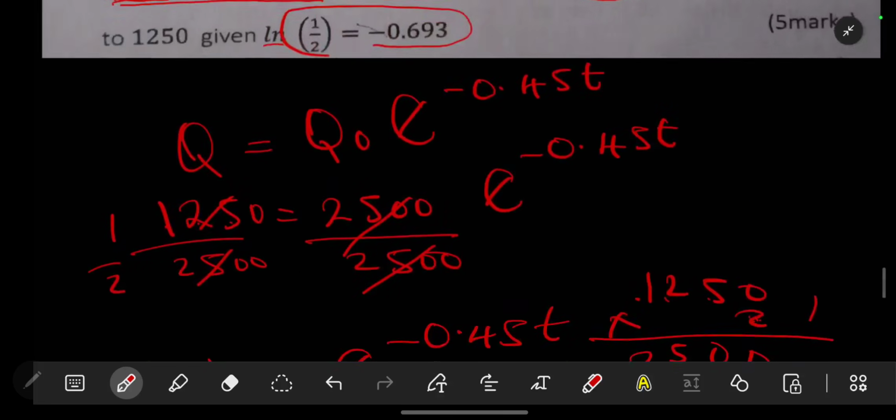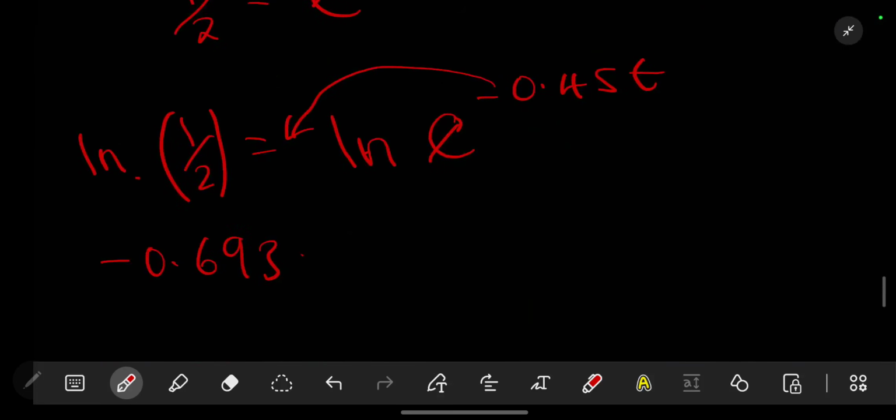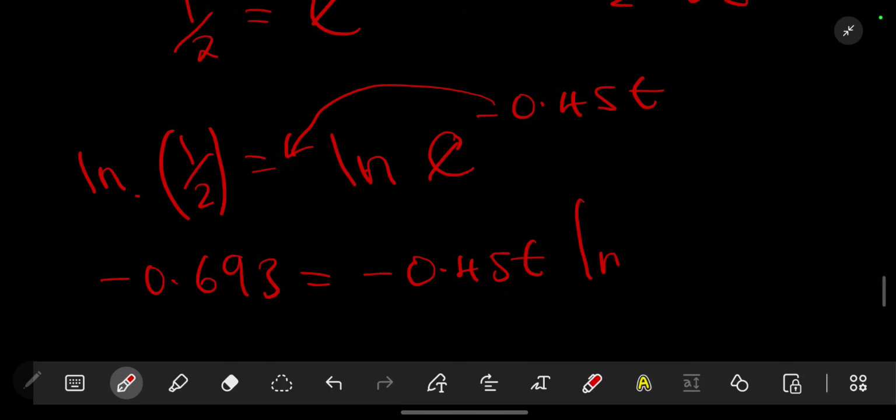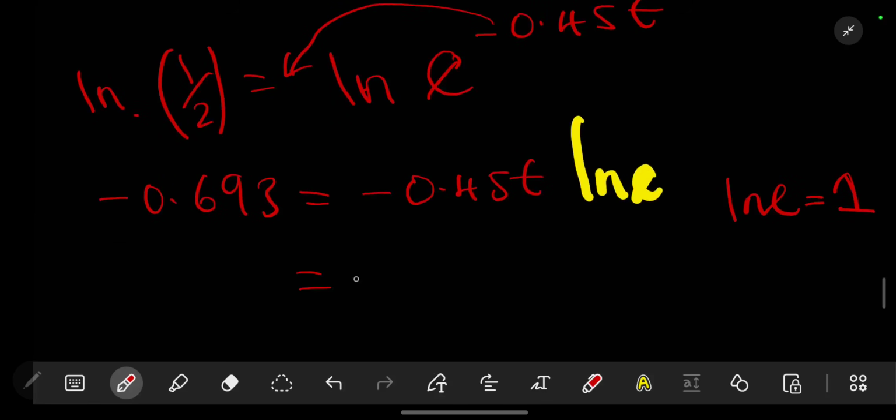So this should be equal to the negative 0.45 when it is dropped, then we have the ln of e. We know that the ln of e is equal to 1. So we have our negative 0.45t, times our 1.